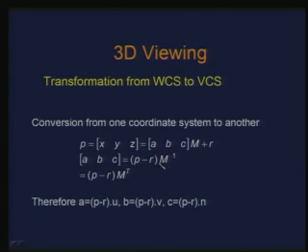And remember that this matrix is actually an orthogonal matrix, because it is going to be a combination of rotations, nothing more than that, right. So, the inverse of this matrix is given by the transpose of this matrix, right.